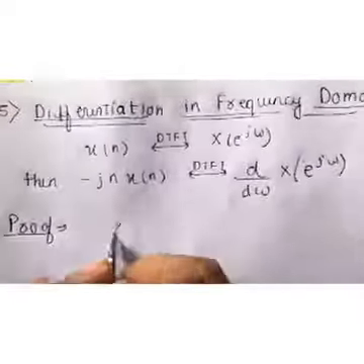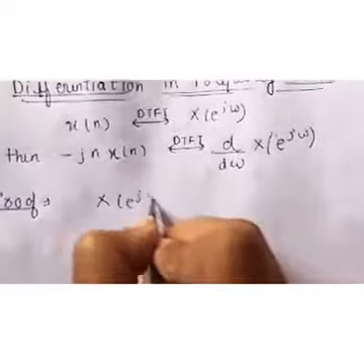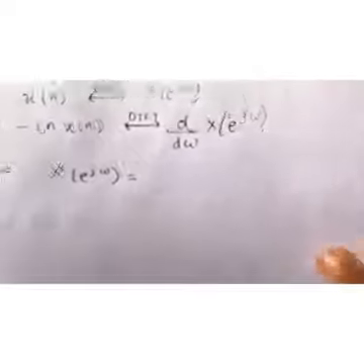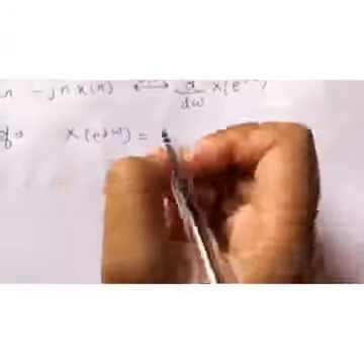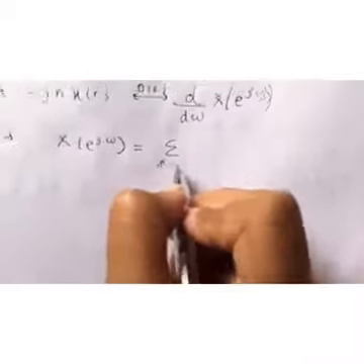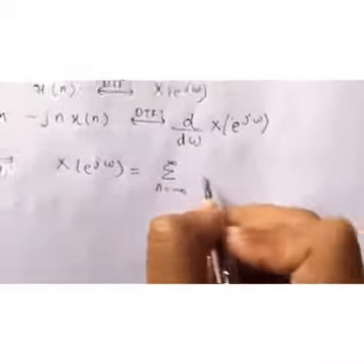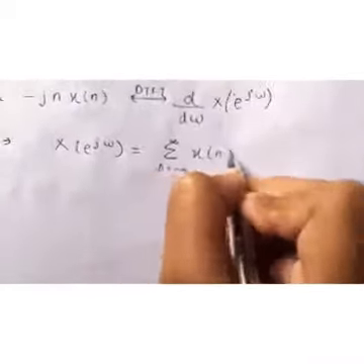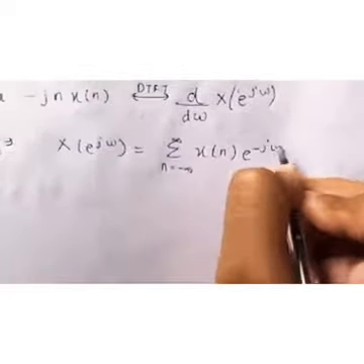So we know X of e^{jω} is the summation from n equals minus infinity to infinity of x of n e to the power minus jωn.